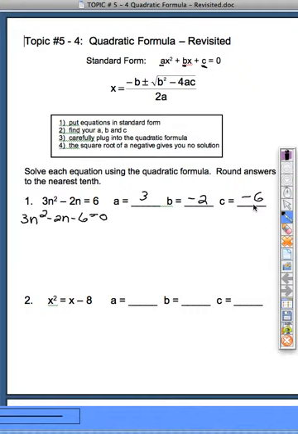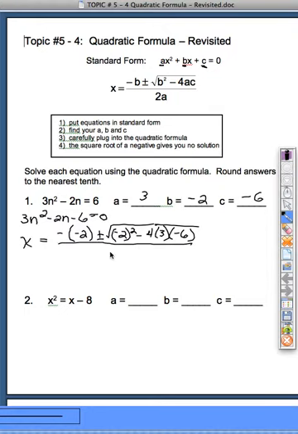And be sure you put everything in standard form before you pick out your a, b, and c. Now, number 3, carefully put it into the quadratic formula. So x equals, we're filling in the blank, negative, and b is -2, plus or minus the square root of -2 squared minus 4 times 3 times -6, all of that over 2 times 3.